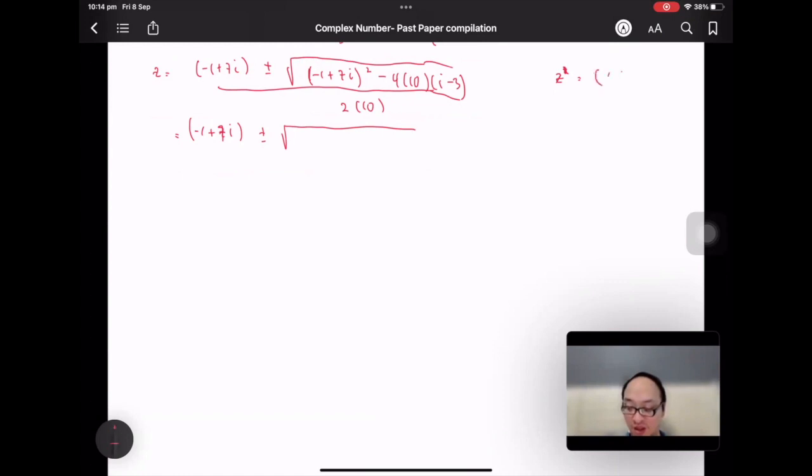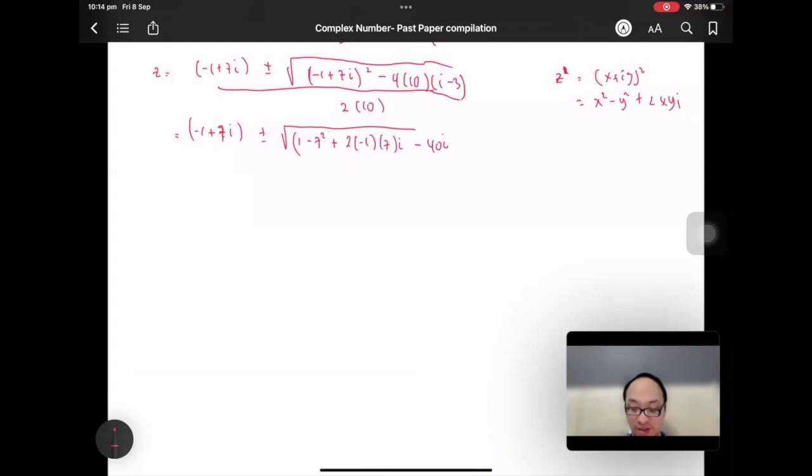Okay, we can expand this (x plus iy) squared. So this will be x squared minus y squared plus 2xyi. So I can use x squared minus y squared: 1 minus 7 squared, and then plus 2 times negative 1 times 7i.